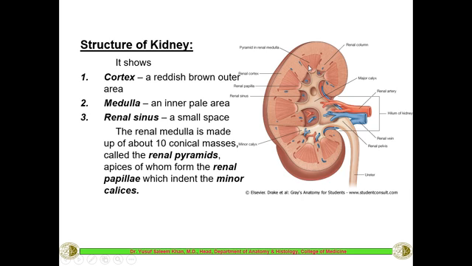These are almost 10 to 12 conical masses, called the renal pyramids. The apex will be directed toward the renal papillae, which indent into the minor calyces. We'll talk about the calyces later.